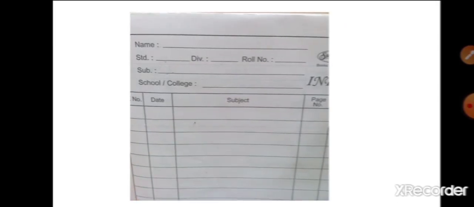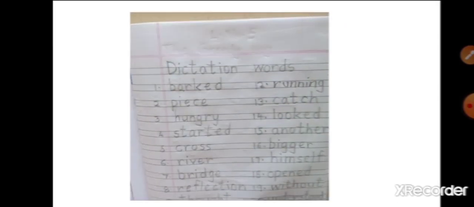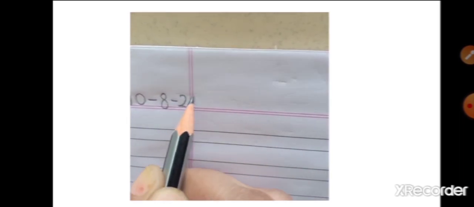Now children, you must have used some pages to do the classwork of all previous lessons. So take out the next new page and write today's date in the red column on red line. 10-8-20. Like this, write the date.